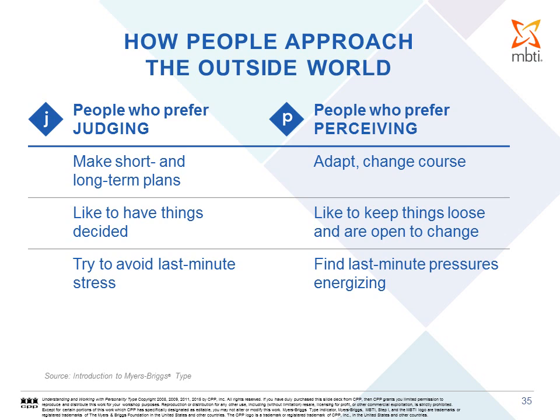Those who prefer judging make short and long-term plans. And those who prefer perceiving like to be adaptable. They like to be able to change course. Those who prefer judging want to have things decided. And on the opposite side, those who prefer perceiving like things loose. They want to keep things flexible so that they can be open to change.